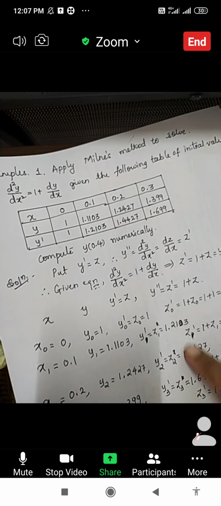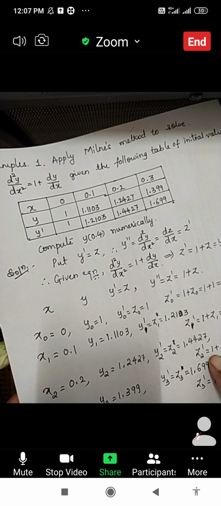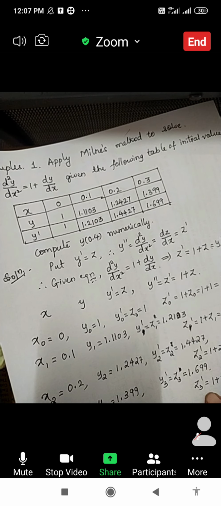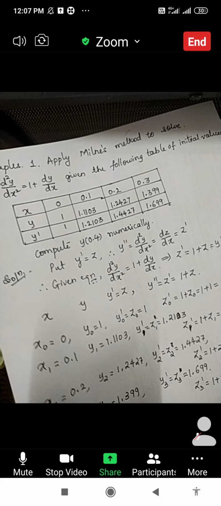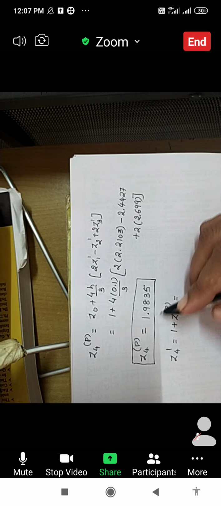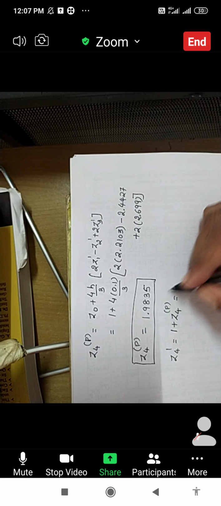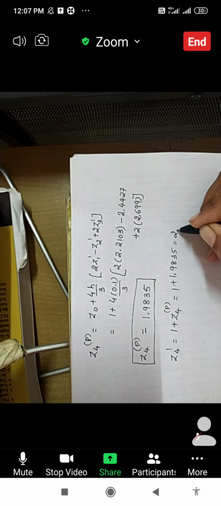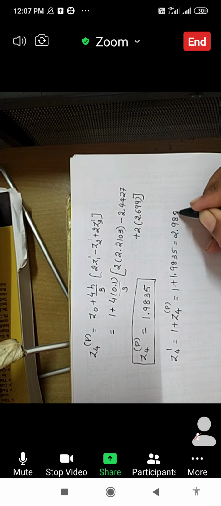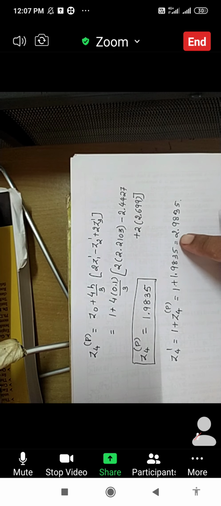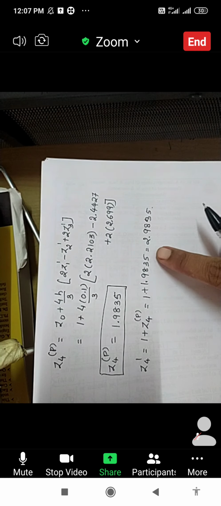In the table we calculated it like this: 1 plus z2, 1 plus z3. So obviously when it is z4 dash, it has to be 1 plus z4. But the value we have to use is the predicted one: 1 plus 1.9835 will be 2.9835. Correct? Don't keep this value in brackets, it creates confusion.